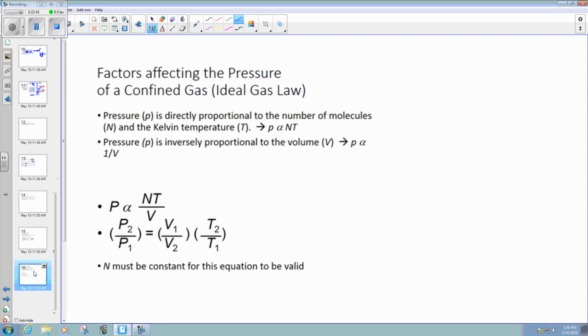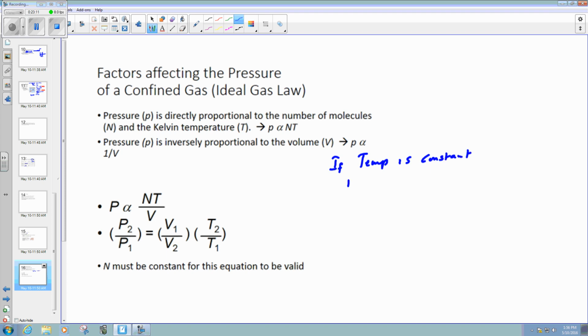The easiest way to look at this is to keep one of those variables constant. So for example, if temperature is kept constant, we will have a relationship between pressure and volume.